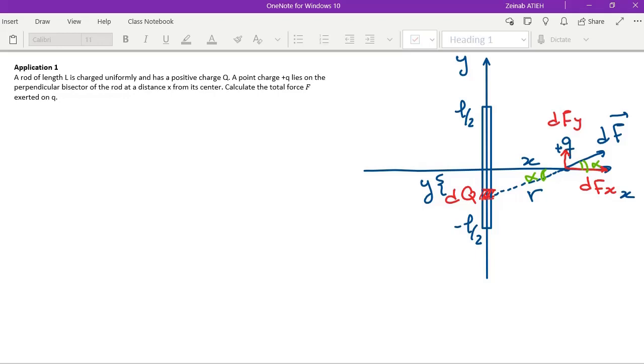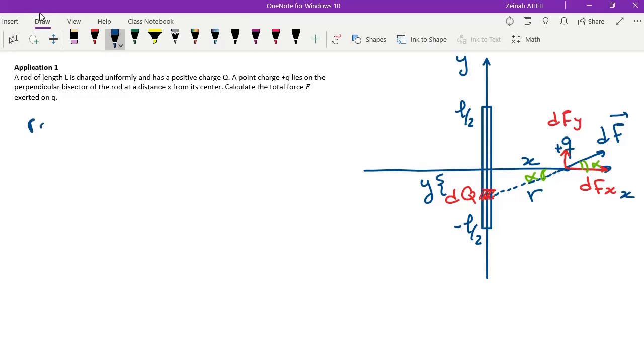So this is the example. We have a rod. The rod has a length L. It is positively charged. So we can say that the rod has a charge Q, which is positive, and L, which is its length. You can see that it's situated from minus L over 2 till L over 2 along the y-axis. Now I define its linear charge density.